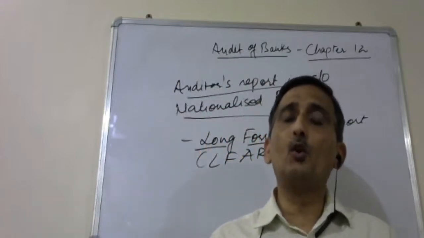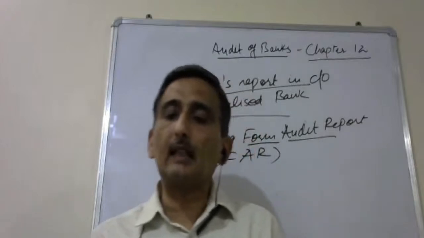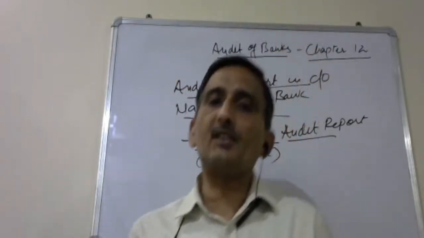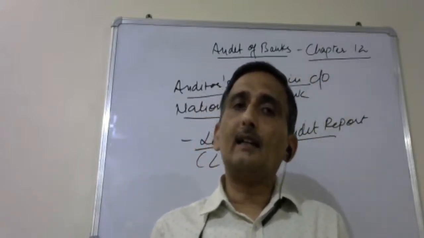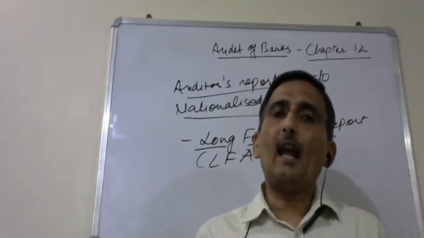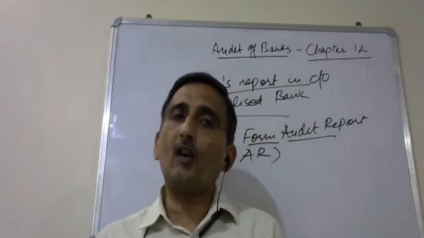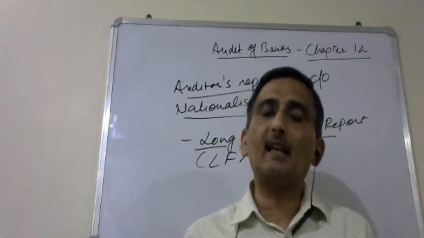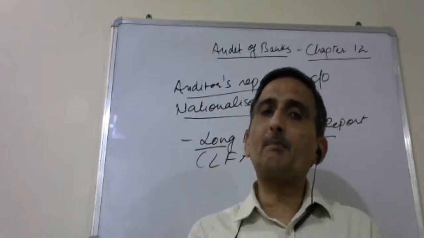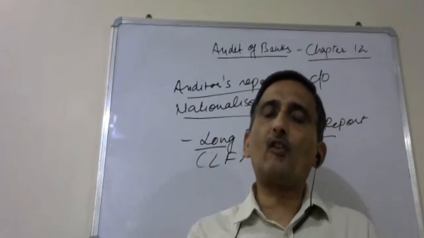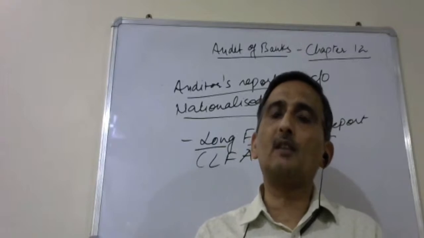Further, guys, you would do well to remember that as per the provisions of the Companies Act 2013, Section 143, subsection 12, if during the course of audit an auditor finds that some fraud is being committed, or that some fraud has been committed, he has to report the matter to the central government if it is beyond a certain limit. You remember chapter 5, guys? Chapter 5 on frauds. Where fraud beyond a certain limit has to be reported to the central government.